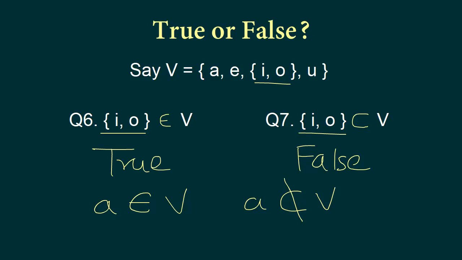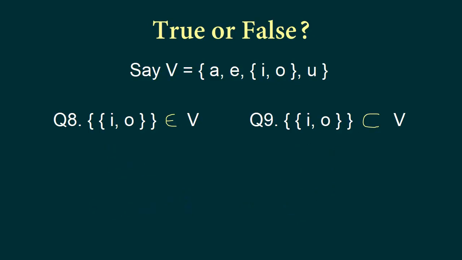Now, I think if you take a look at the last question, it will completely drive home this distinction very clearly. How about these two questions? So here we have our set, and then we have a set that contains our set. So this is the set over here. So the question is, a set that contains our set, does that belong to V?